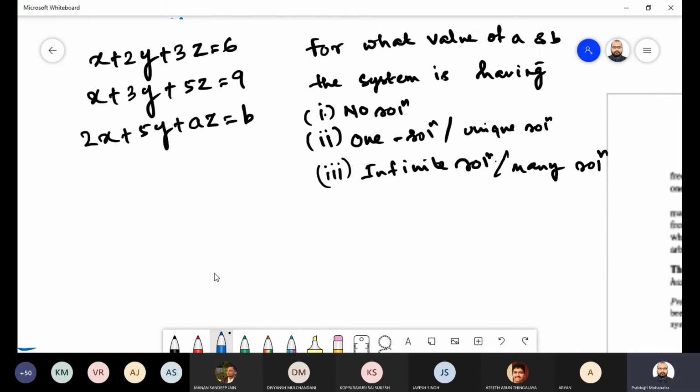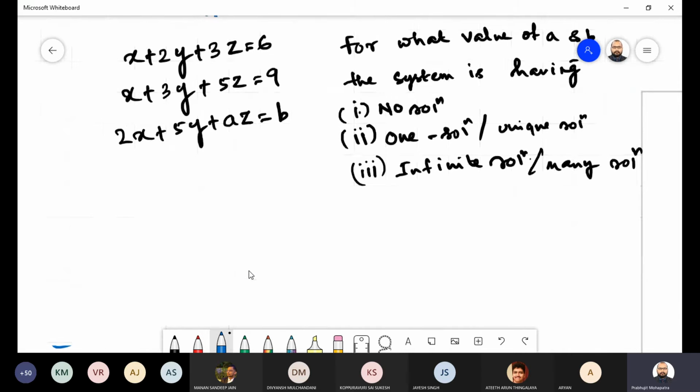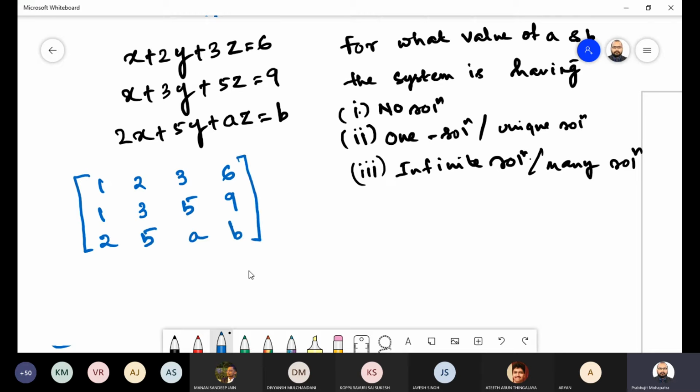The first task is to write them in terms of a matrix. So the matrix is: 1, 2, 3, 6; 1, 3, 5, 9; then 2, 5, a, b. Okay or not?